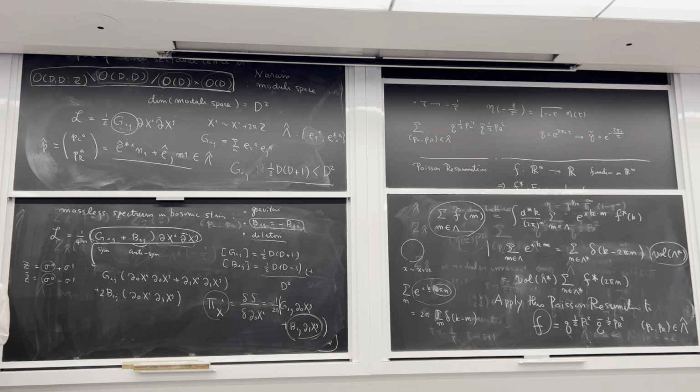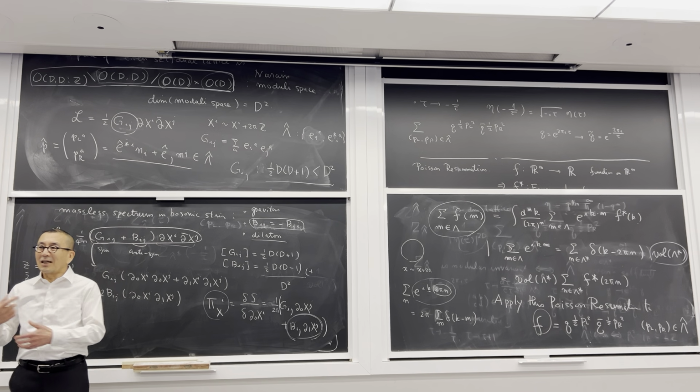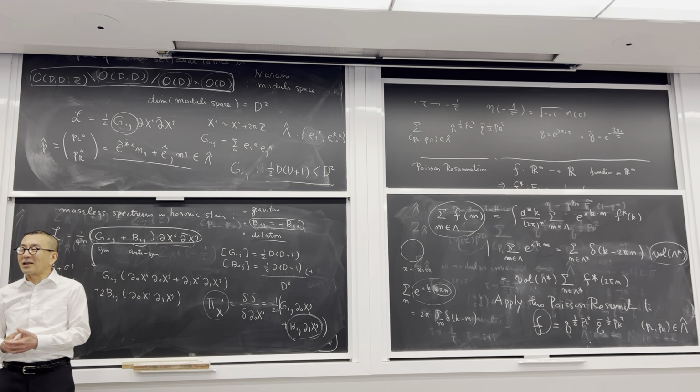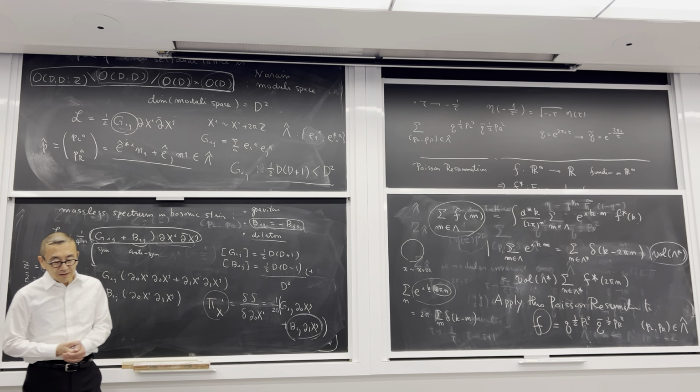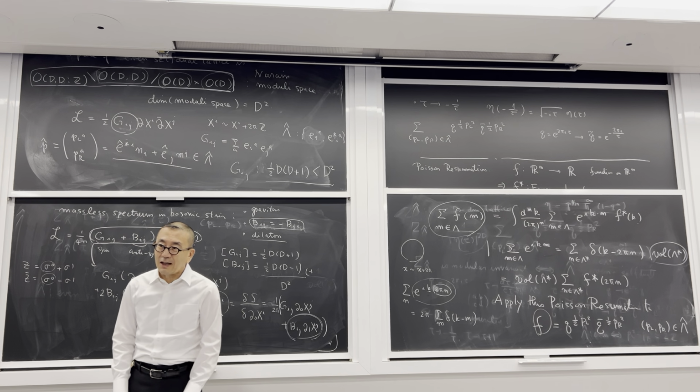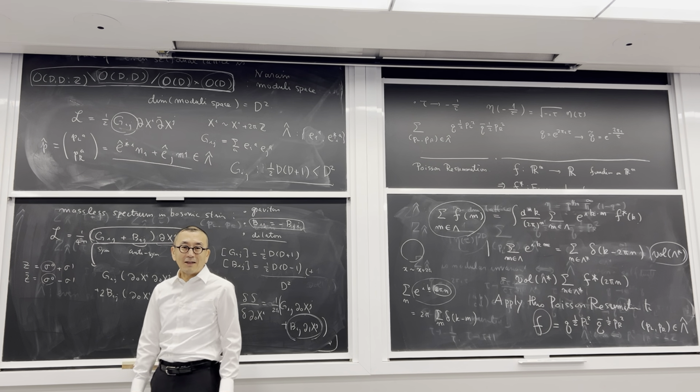This is actually very similar to what happens to an electron in a magnetic field. You might have learned in electrodynamics that if you turn on a magnetic field for an electron, then the relation between momentum and velocity changes. And it gives rise to all sorts of interesting things like Landau levels.